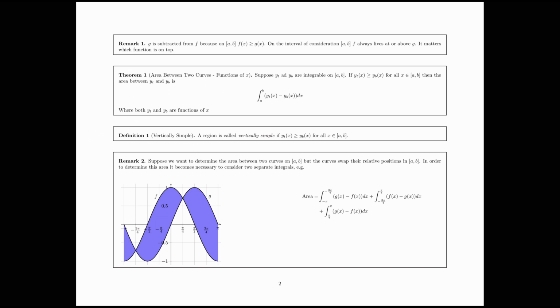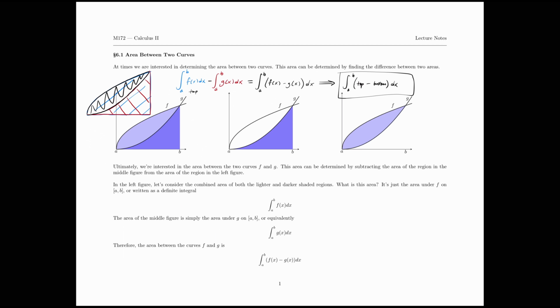They never swap. So if we go back to the previous page and we take a look at the graph of just these two functions, so let's look over here at the rightmost graph. If I draw a vertical line somewhere between A and B, so let's only focus between A and B, I just select a random x value and I draw a vertical line.